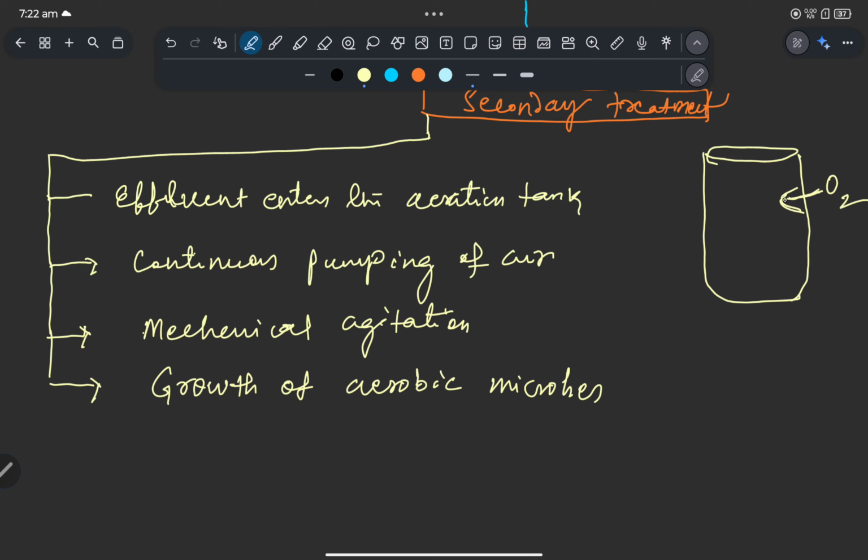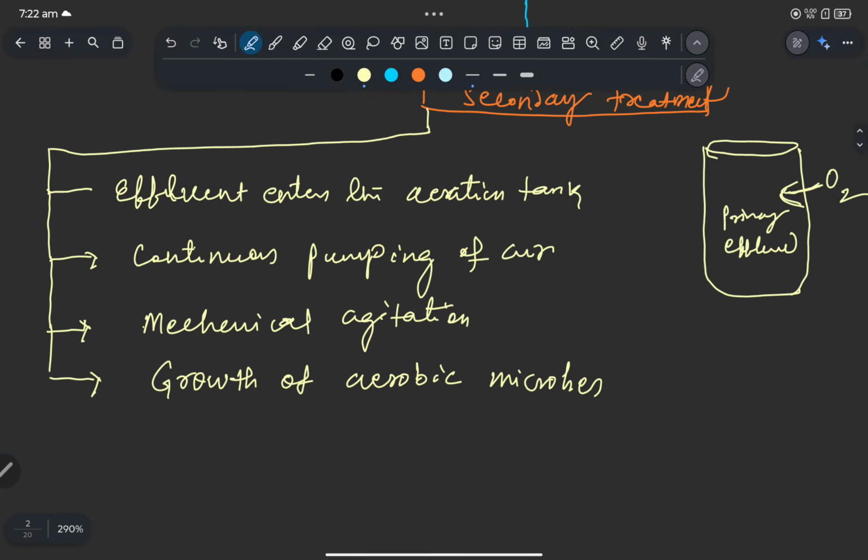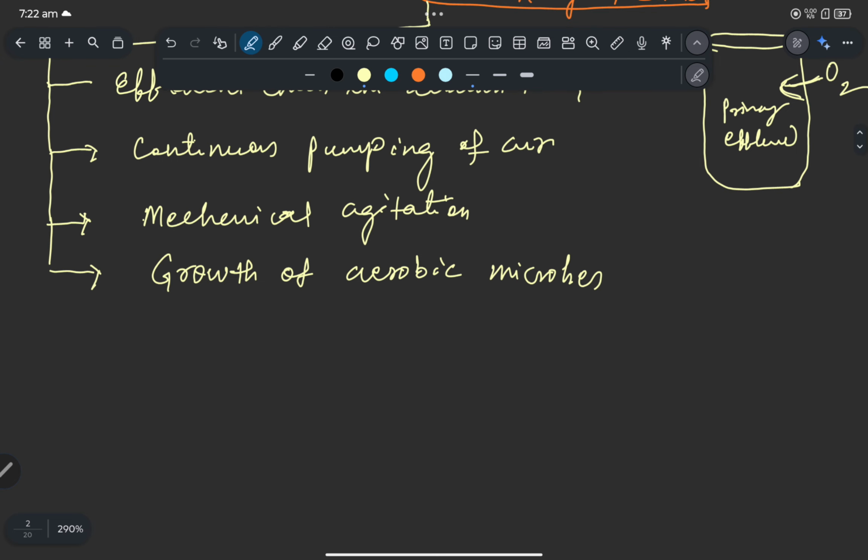Continuously oxygen is supplied to this tank, which has the primary effluent. Because of this oxygen supply, and as it contains the pollutants, the microorganisms grow in it, and these microorganisms are aerobic microbes. Now what happens? These aerobic microbes form flocks. Very, very important.